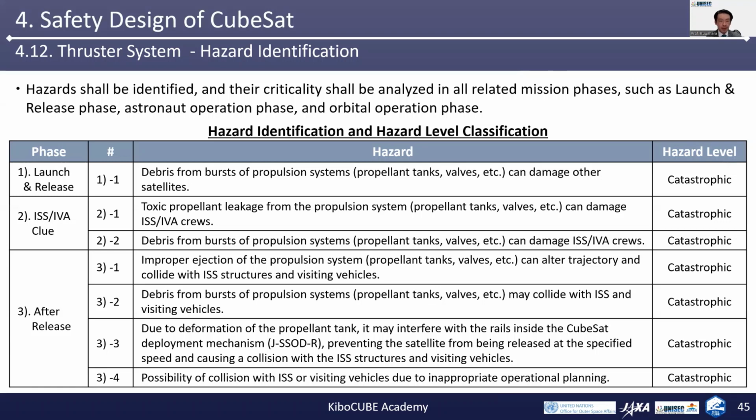The fourth one is a possibility of collision with ISS or visiting vehicles due to inappropriate operational planning. As described, in total 7 hazards are identified. In this example, all hazards are classified as catastrophic hazards.